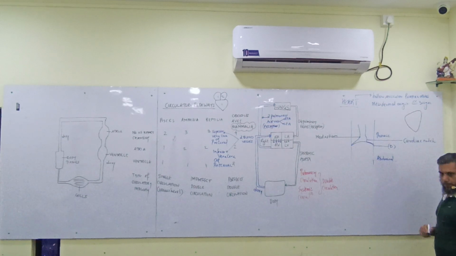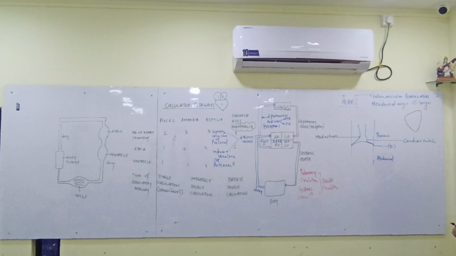Roughly conical in shape. And the upper part of the heart is roughly triangular. The upper part of the heart is the atria, and the apex of the heart is the ventricles. This is just a diagrammatic representation, not a scientific one. So you have the left atrium and the right atrium, and the left ventricle and the right ventricle.